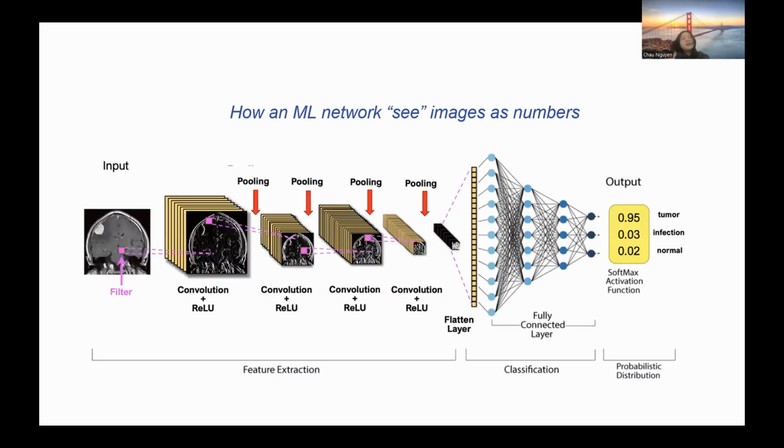Okay, so let's see. We'll go over a brief overview of a convolutional neural network, but we'll revisit this many times. Overall, when we're given an input, we project these images into the convolutional neural network.